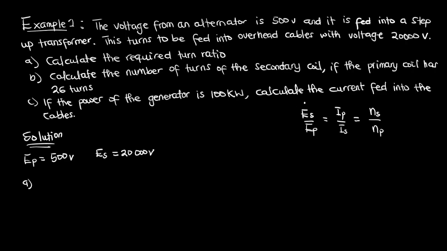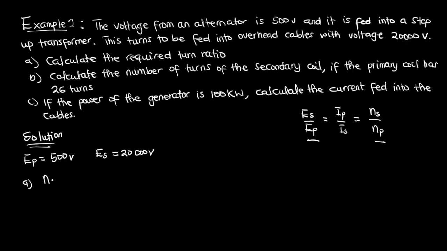So we can use any of these to calculate the required turn ratio. In this case, since we only have the voltage given to us, and the turn ratio NS over NP is what we are supposed to find, we can equate these and find our turn ratio.